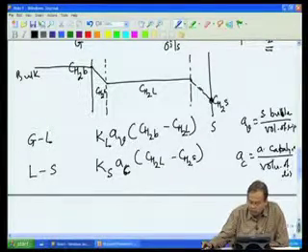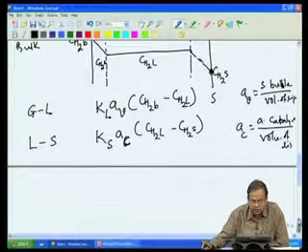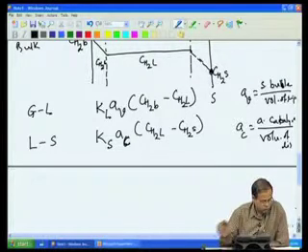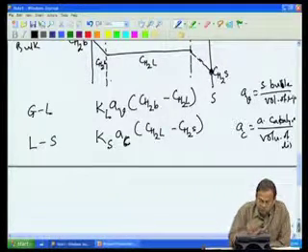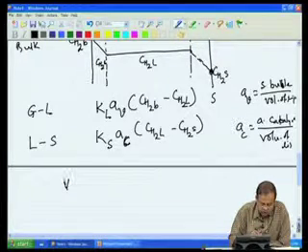Okay. Now let us write down the mass balance for the bulk liquid, assuming the volume is V3.